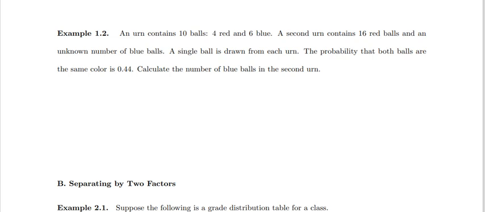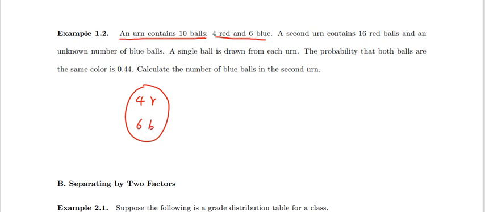Then we can have problems that are a little bit more complicated, but the basic idea is the same. Let's say an urn contains 10 balls, 4 red and 6 blue. So here we have 4 red, 6 blue.